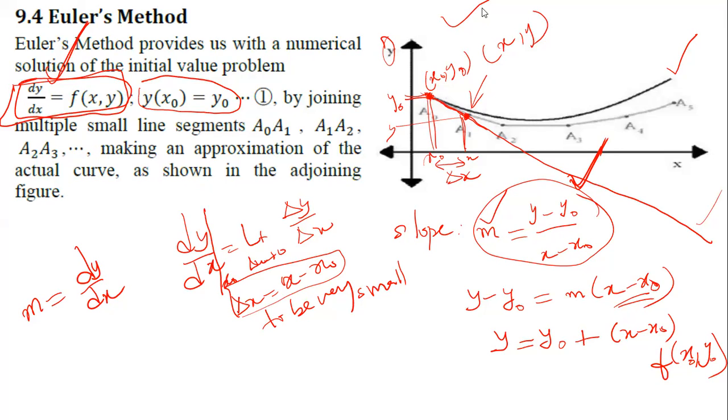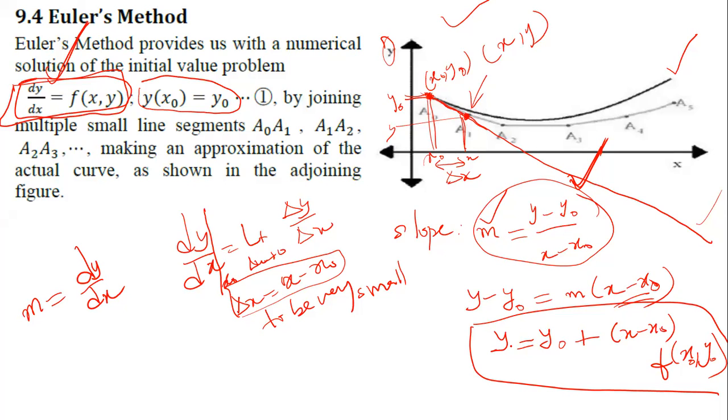So this is our Euler equation. This is going to be the expression of y in terms of x by this Euler approach. Like in your Taylor series approach, you write a Taylor series expansion of the function y in terms of x.